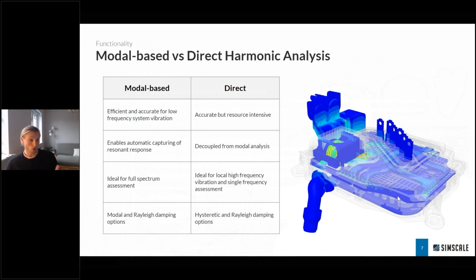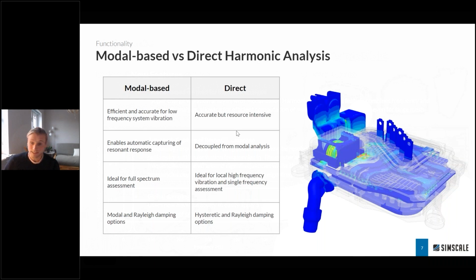It also enables us to automatically capture the resonant response, as I mentioned in the previous slide, and fully resolve the full spectrum. It also comes with a few additional options for damping, so we can do modal damping rather than Rayleigh damping, or we can do both actually. So in terms of bringing in different damping methods, direct and modal will have different options.